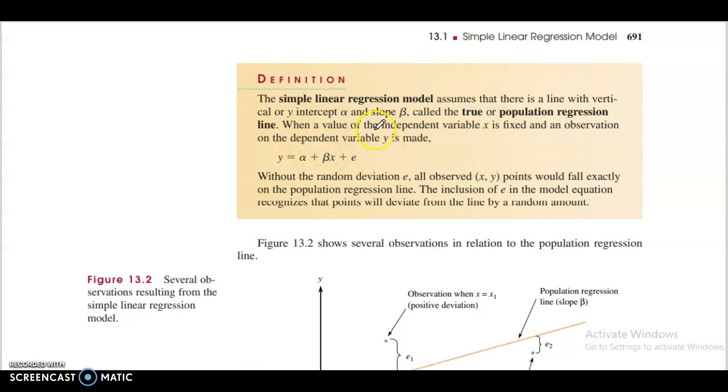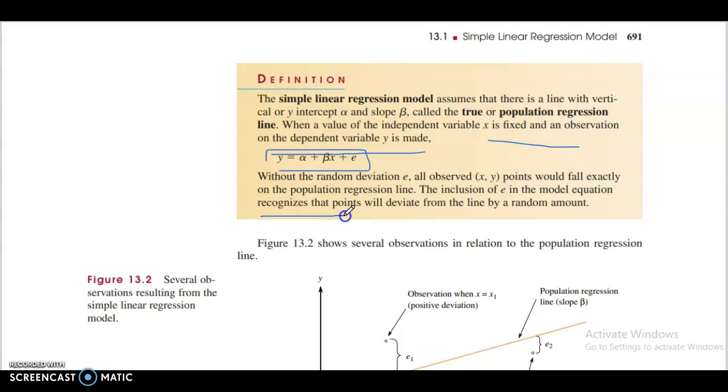When a value of the independent variable x is fixed and an observation on the dependent variable y is made, y equals alpha plus beta x plus e. Without the random deviation e, all observed x comma y points would fall exactly on the population regression line. The inclusion of e in the model equation recognizes that points will deviate from the line by a random amount.